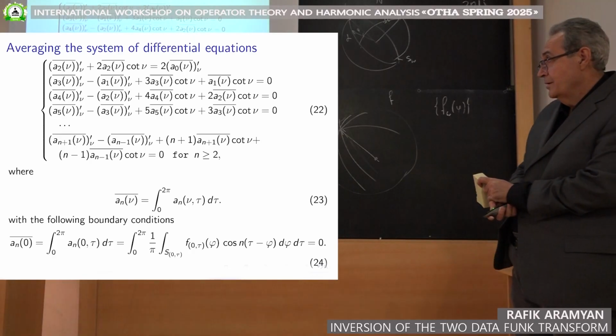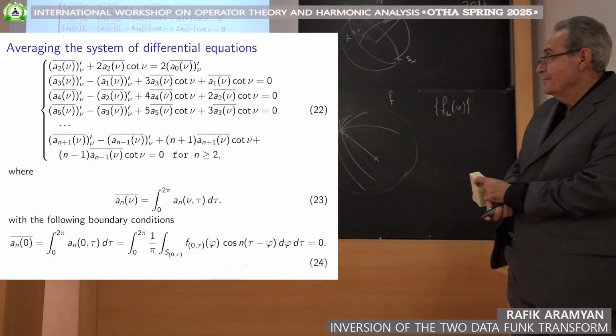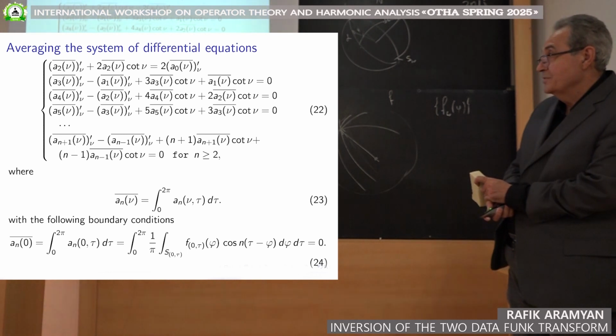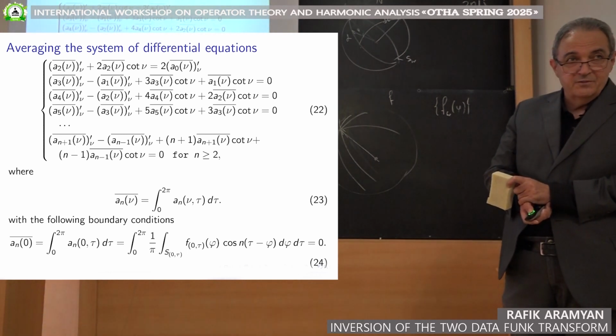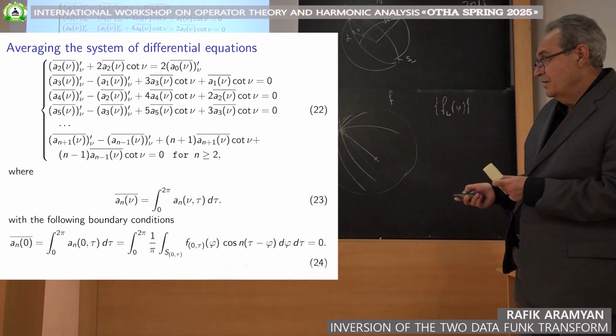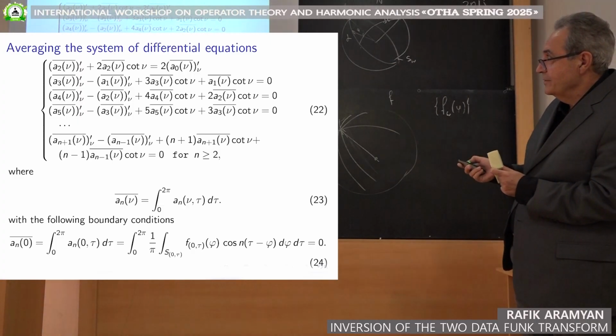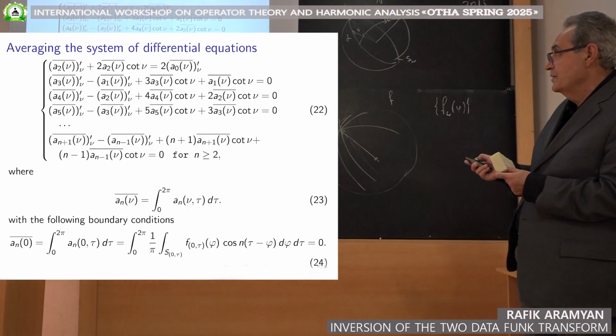And here we got lucky, because it is very simple to derive the average coefficients from the system of differential equations. By the way, we also have the boundary condition here. I suggest the following algorithm.